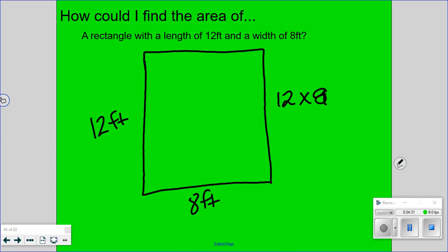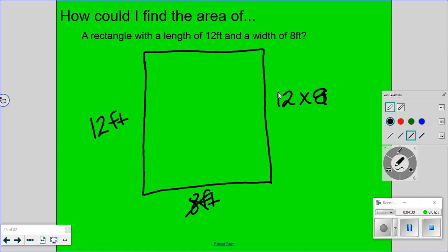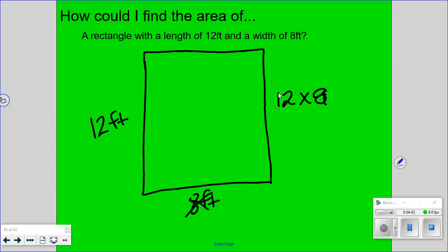Cross out the 8 with your pencil. Grab a color. Connor, what was the first piece that you wanted to break it into? 5. Count over 5: 1, 2, 3, 4, 5.